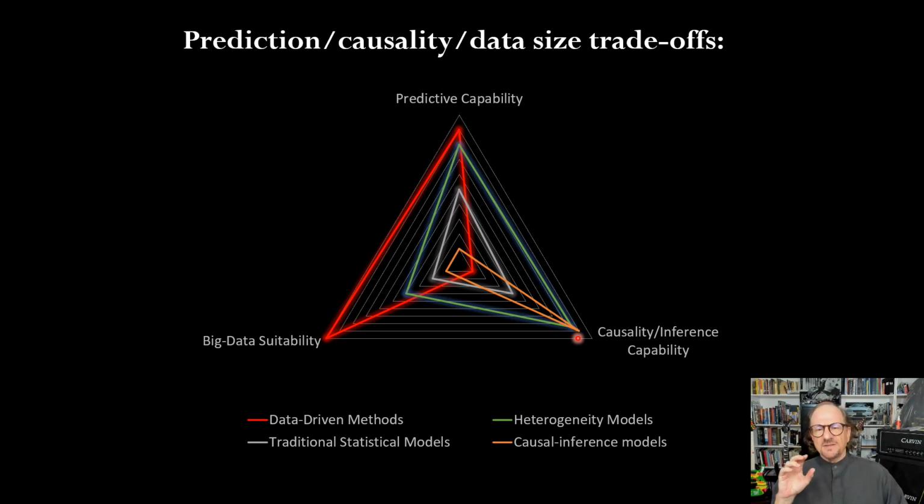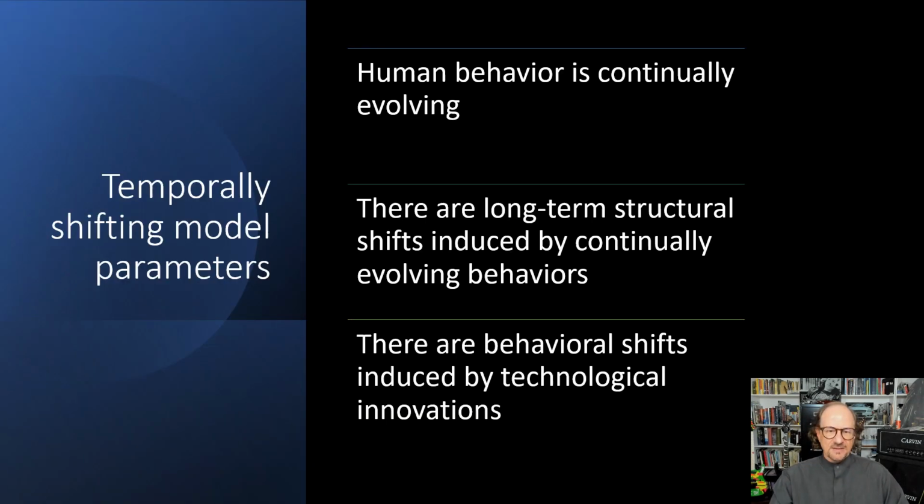So you can imagine, for those of you looking for research topics, the best analytic method for the future would be some combination of machine learning, which gives this red triangle, with this green triangle, which would be the heterogeneity models. There have been some papers recently that have tried to combine these two methods. It's not necessarily an easy task, but there's a lot of potential there as a way to handle large amounts of data, but still uncover underlying causality.